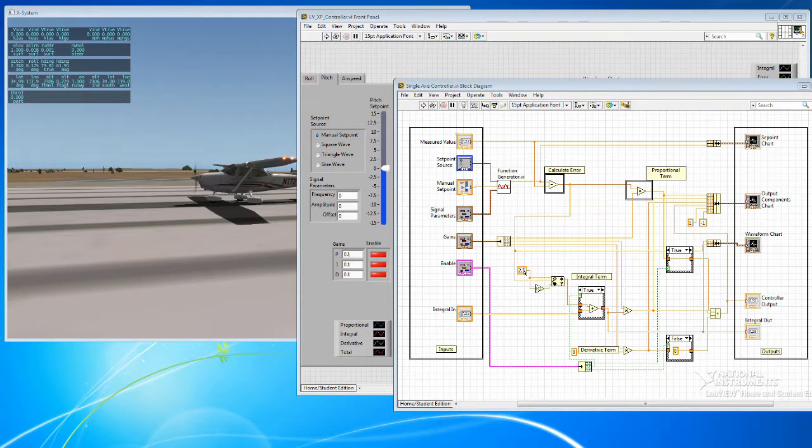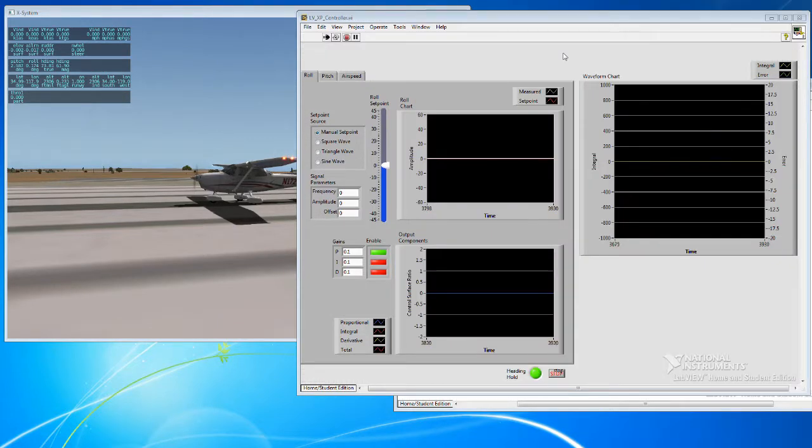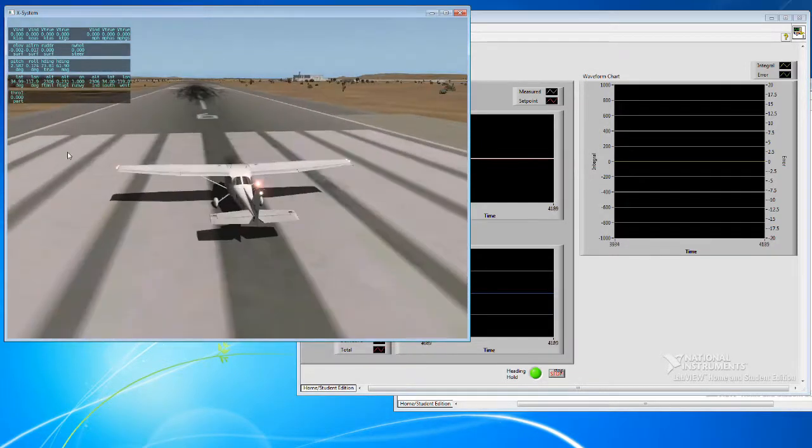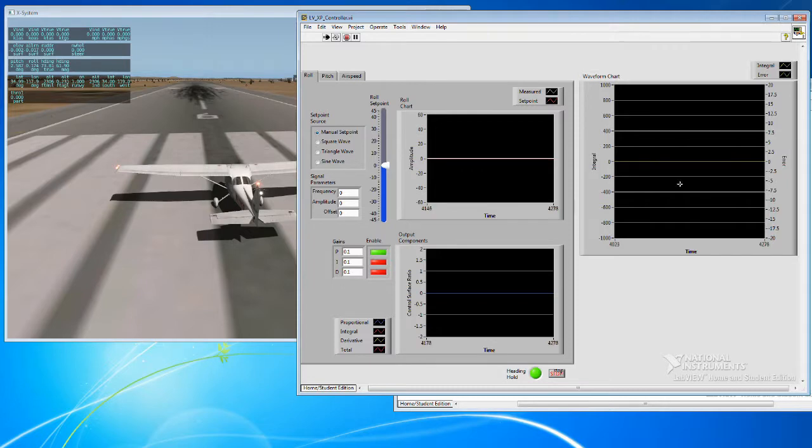So let's have a look at what it does to the integral term for our normal pitch controller that we had before. Okay, let's have a look at what this actually does. Our aircraft is sitting on the runway, as always. We've got our controller set up with all the same gains as normal.